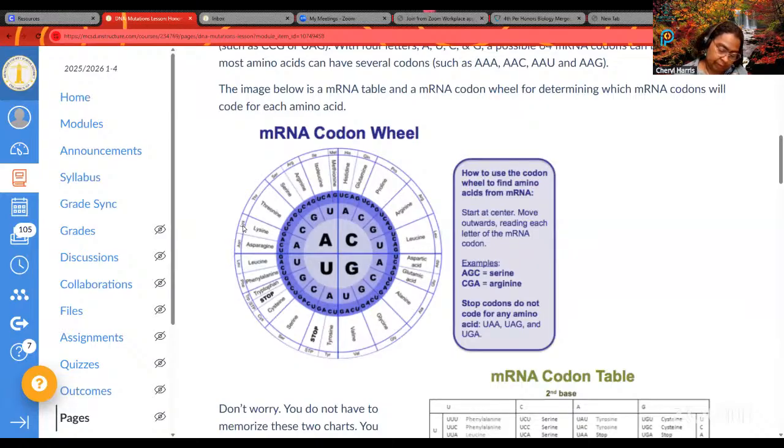So that's an L, not an I. GL. It should be GLU, and GLN on there. It's abbreviated.